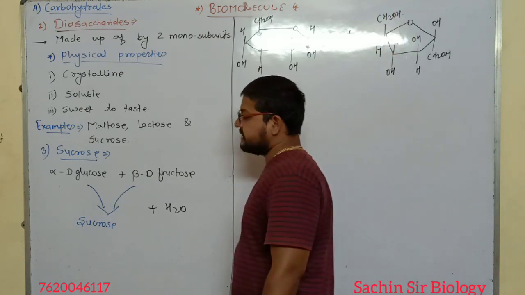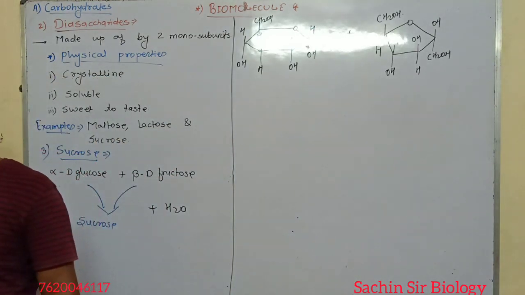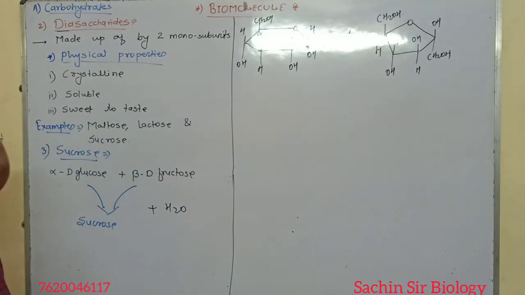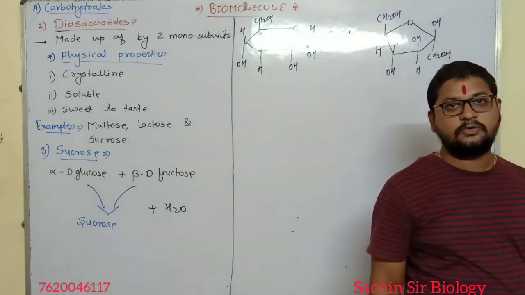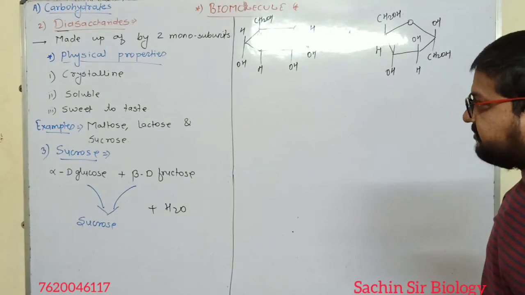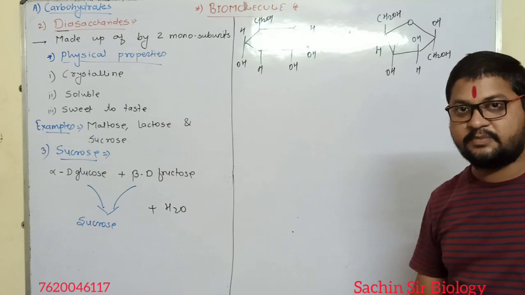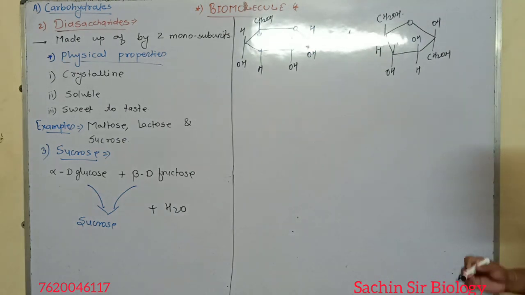This is the furanose ring. Now, how is this water molecule produced? From which carbon does hydrogen remove and from which carbon does the hydroxyl group remove, and in between which carbon is the glycosidic bond produced? You understand?